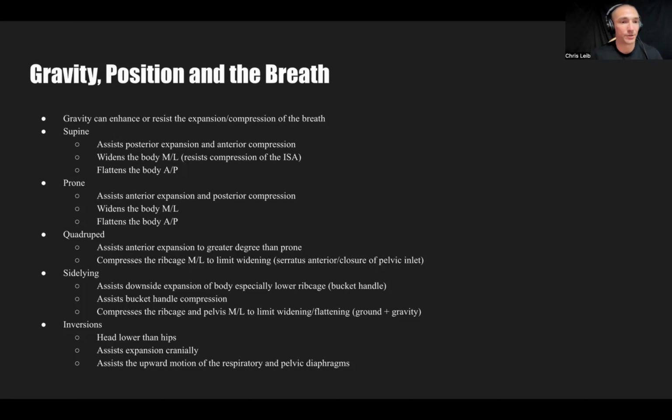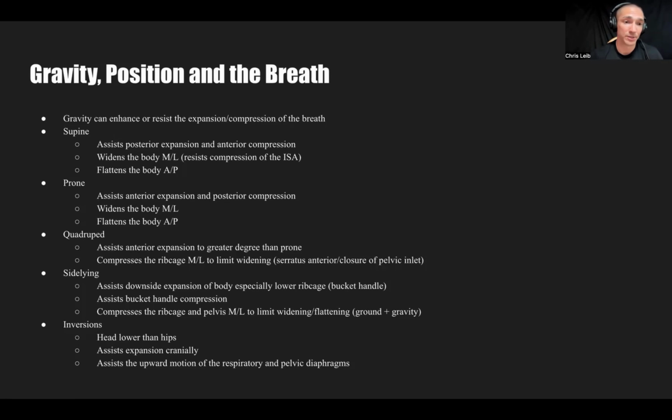And then inversions are another thing to consider. When we have the head lower than the hips, it can tend to assist expansion more cranially towards the upper parts of the lungs, upper parts of the chest, upper parts of the dorsal rostral or interscapular region. So that could be very useful for movements of the shoulders when we're going fully overhead.